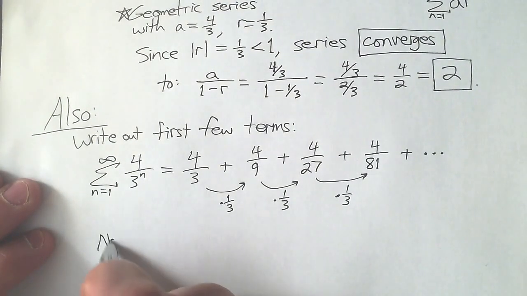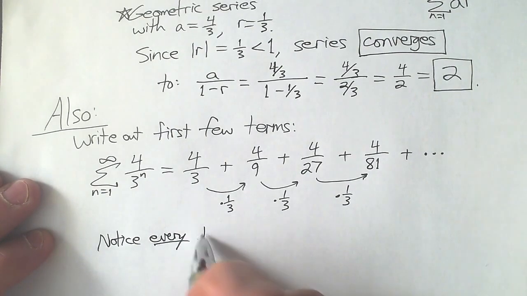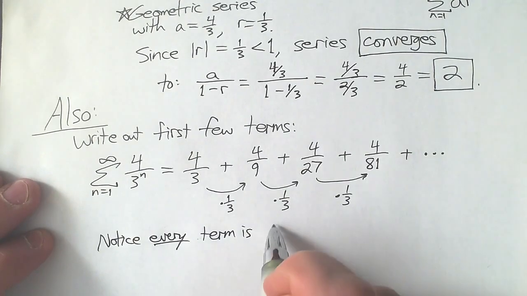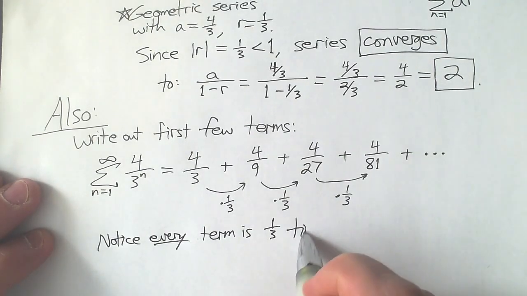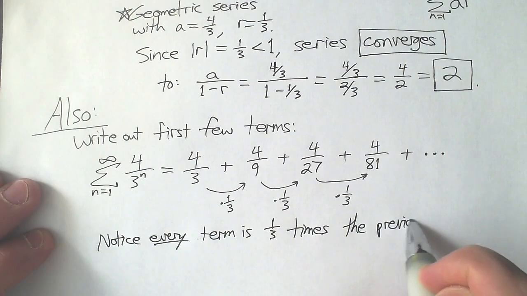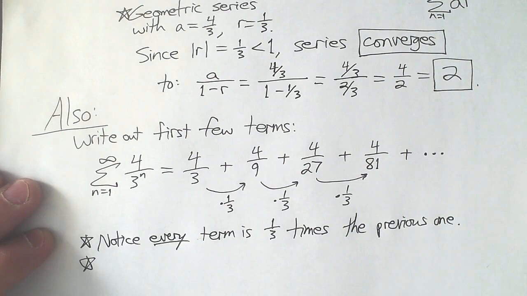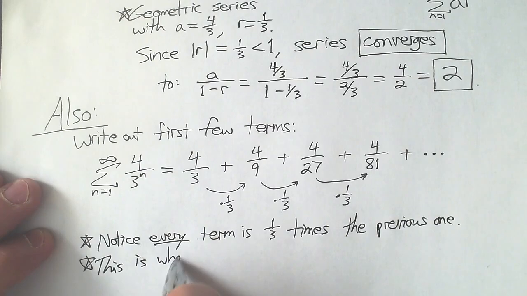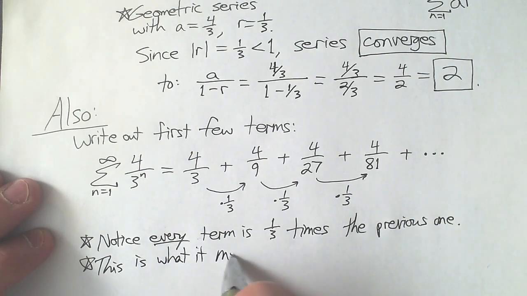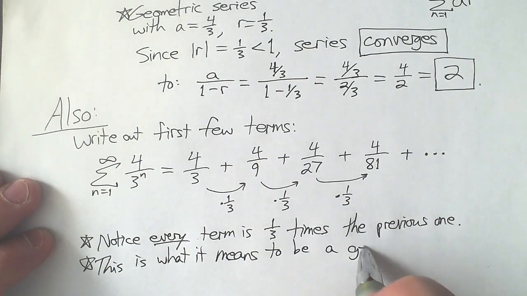So I'll say, notice that every term is 1/3 times the previous one. And this is what it means to be a geometric series.